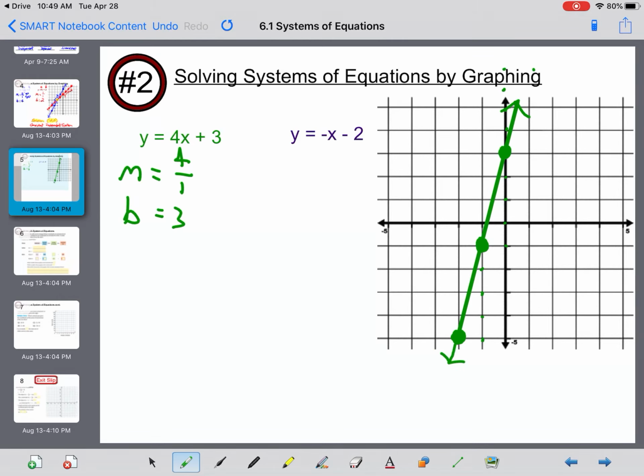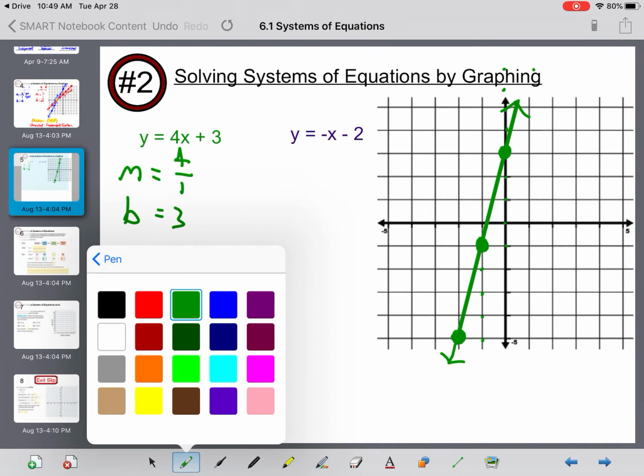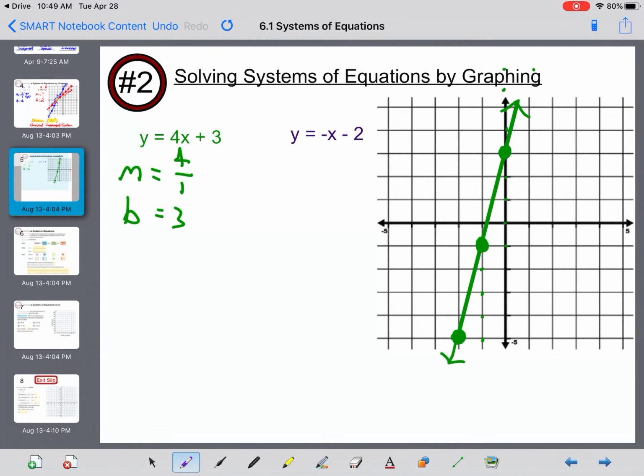Here's our line. And I'm going to save the labeling for the end, just to keep things a little neater. All right, now we have a purple line, our M. Now this time it's a -1 over 1. And our B value is -2.